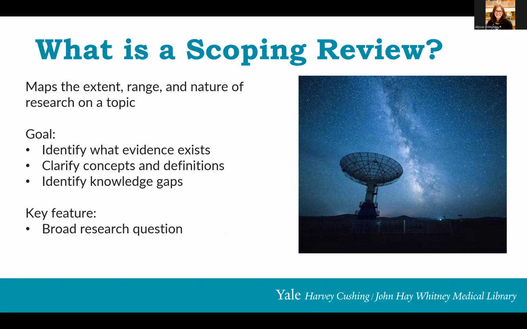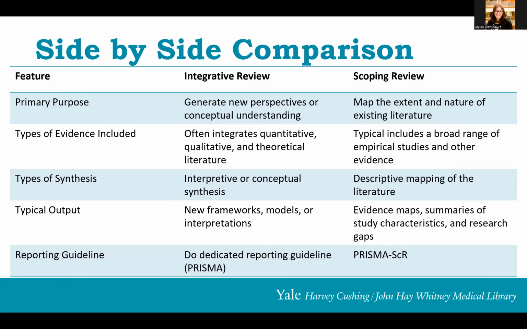The goal is to provide an overview of the evidence rather than critically synthesizing results about effectiveness or outcomes. One key feature is that often the research question is a broad research question that could have multiple answers rather than seeking out one specific answer.